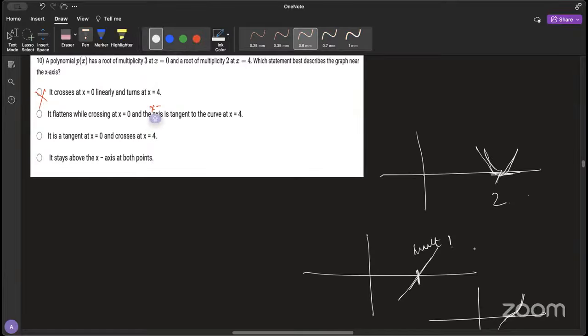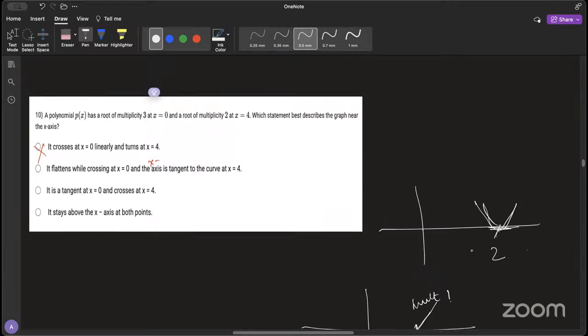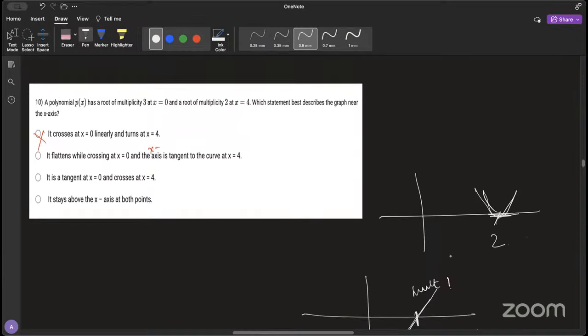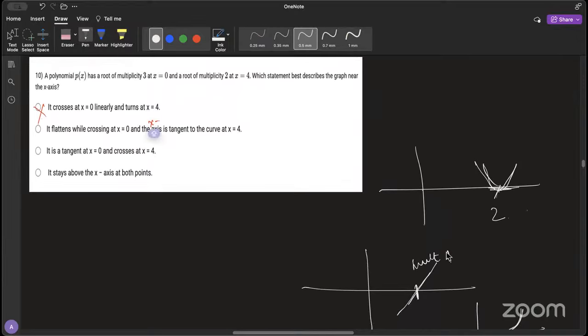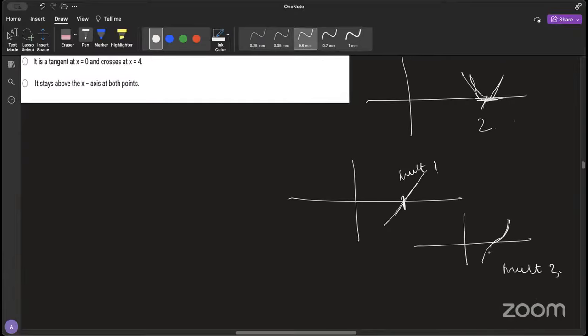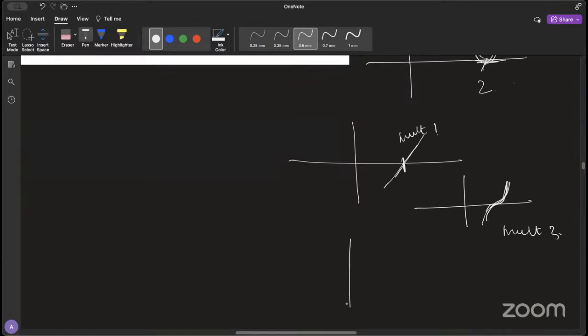This is correct. How do you exactly describe it flattens while crossing at x equals 0? If your multiplicity is 3, your graph is either this way or this way.